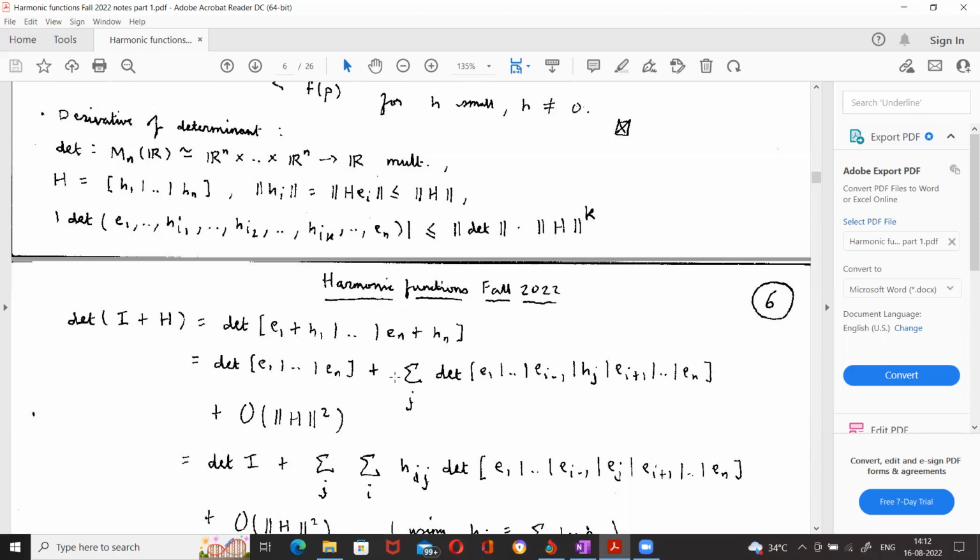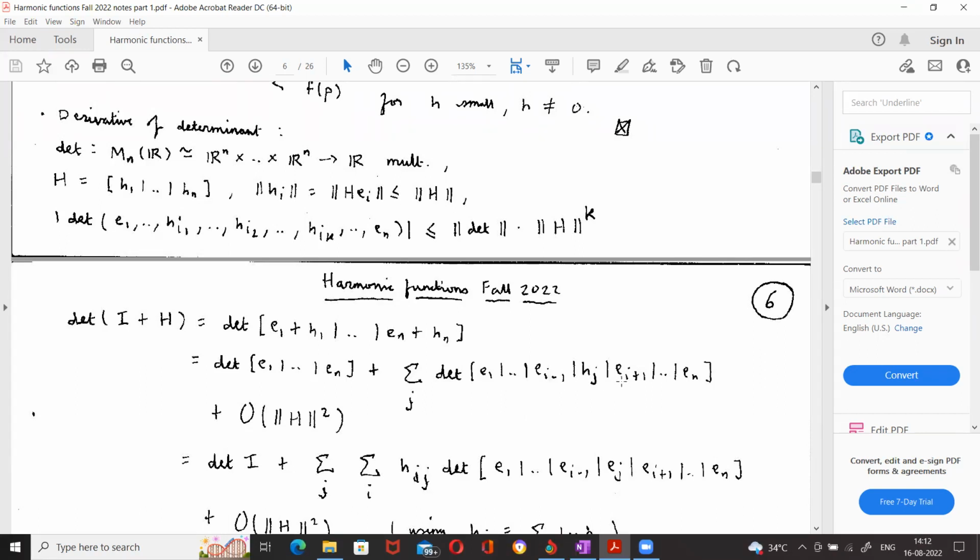Plus, there are going to be n terms where I have exactly one Hj and the others are Ei's. That will give me a sum over j of the determinant of E1 up to, so there's a typo here, this should be E_(j-1), and then Hj, and then E_(j+1), and then up to En. I'm sorry, this should be E_(j-1) and E_(j+1).